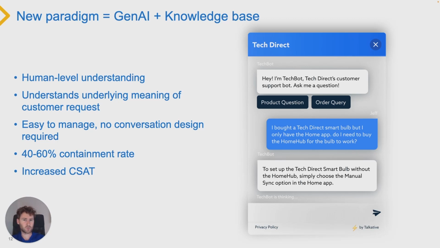Across the industry, we're probably seeing more like 40, 50, 60%, as obviously it depends on industry and use case, but that's kind of the ballpark we're looking at for containment rate, i.e. chats or conversations that are fully managed by the AI without having to hand off to a human agent and without annoying the end user.